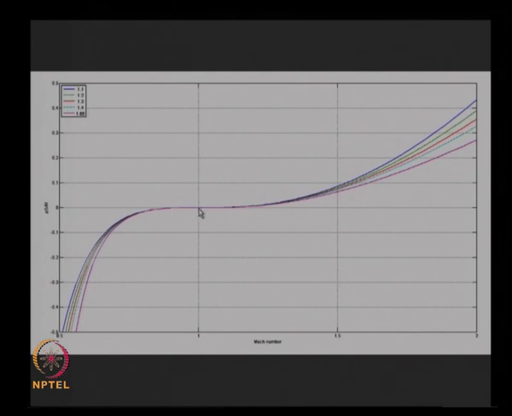Of course we know that already, because when M1 equal to 1, M2 equal to 1, there is no change in the flow, delta S is 0. Otherwise I am seeing that delta S is positive for M1 greater than 1, delta S is negative for M1 less than 1. Okay, that is the important thing we are looking at here.